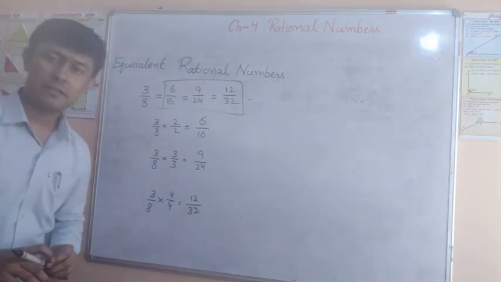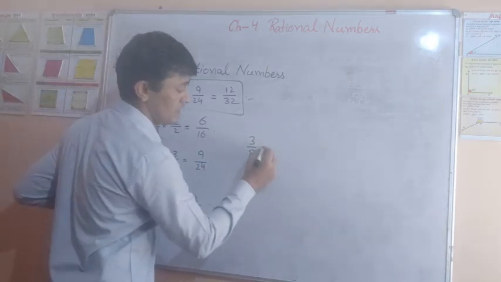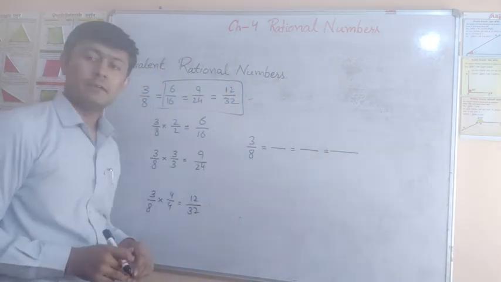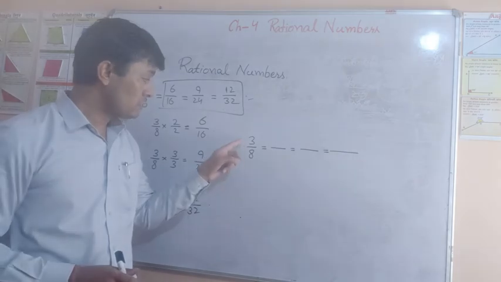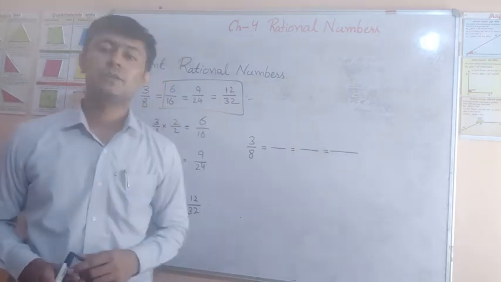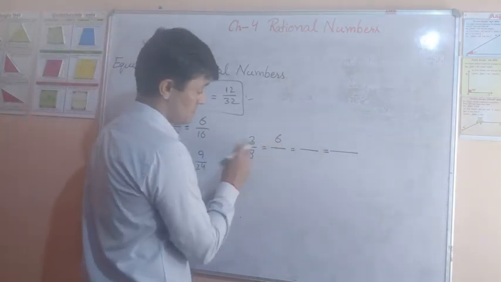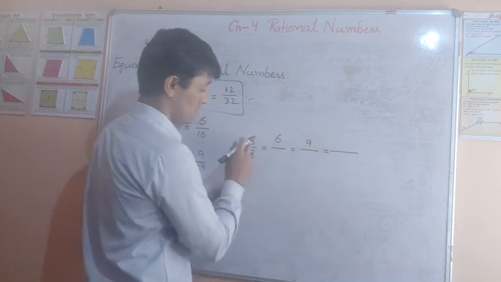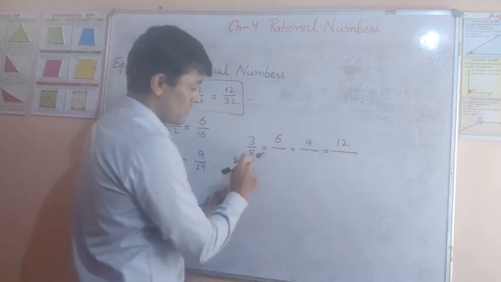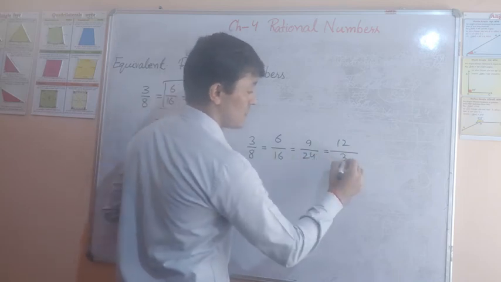There is another way, another method to find out this one also. 3 by 8, just write down 3 by 8. Right? Now, write down the table of 3 here and table of 8 right here, and directly you will get the answer. See this one. 3 1s are 3, 3 2s are 6, 3 3s are 9, 3 4s are 12. 8 1s are 8, itself it is here, 8 2s are 16, 8 3s are 24, 8 4s are 32.